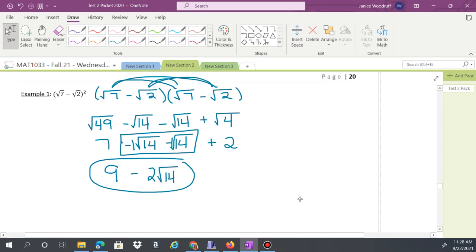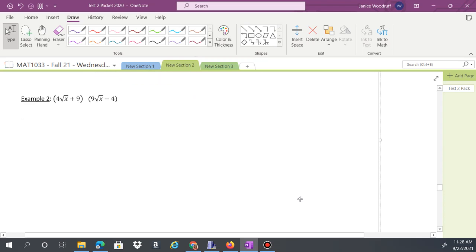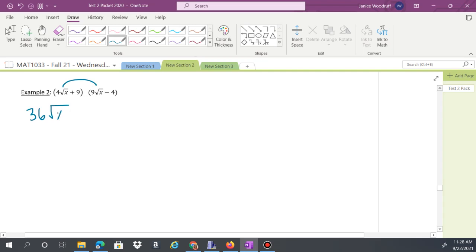Okay, let's look at example 2. Again, we're going to FOIL. So we have a first term of 4 root x times first term of 9 root x. So 4 times 9 is going to give me 36. And then under the radical, x times x is x squared.